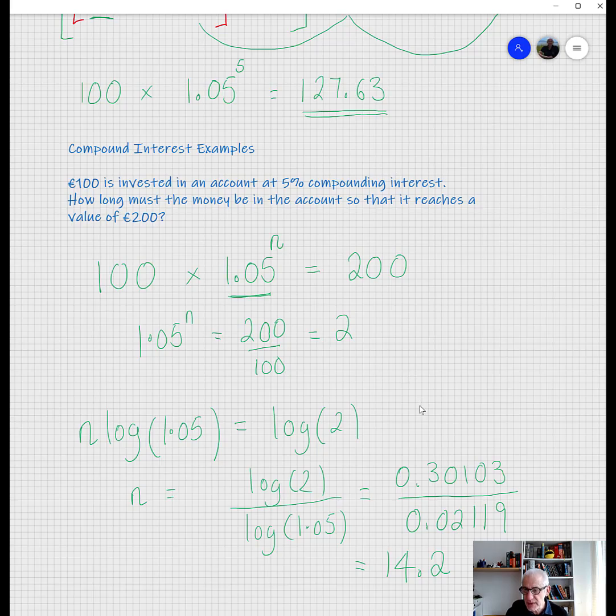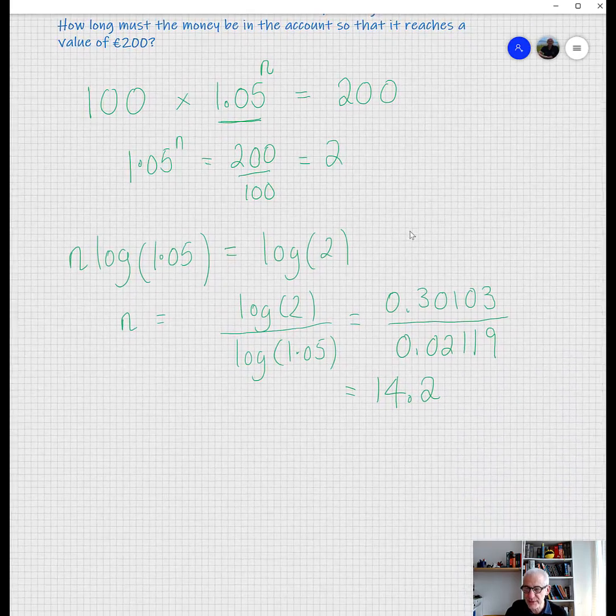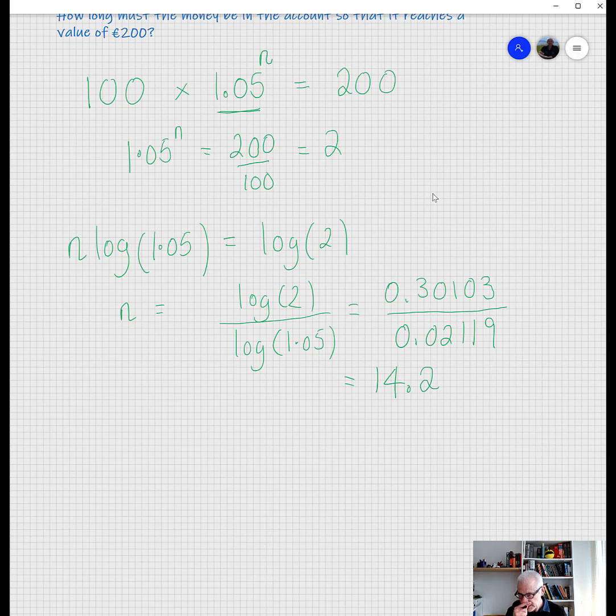14.2. So what does that mean? 14.2 years when you're paid once a year. Well, that means that the target of 200 is achieved somewhere above 14 years and below 15.